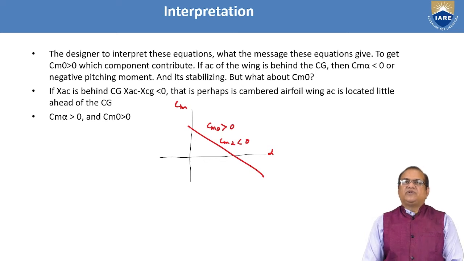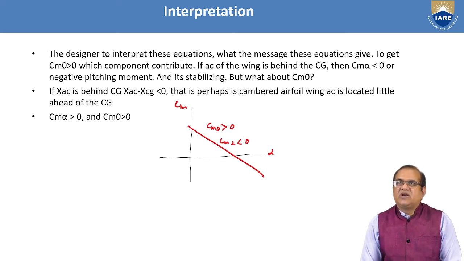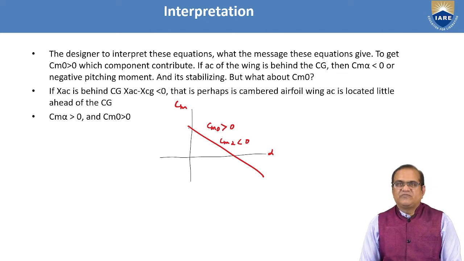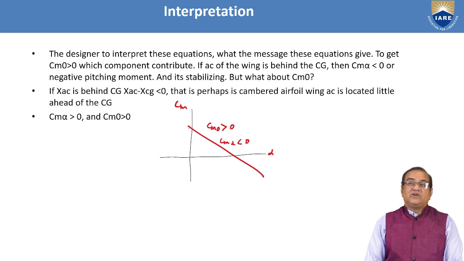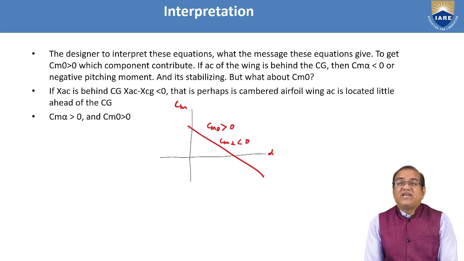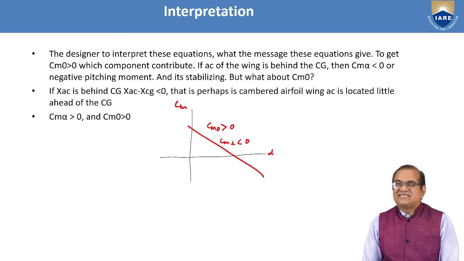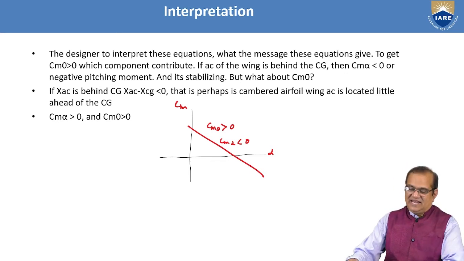The designer, to interpret these equations, what message these equations give: to get that CM naught greater than 0, which component contributes? So CM naught, how can we get this CM naught greater than 0? If the aerodynamic center of the wing is behind the CG, then CM alpha is less than 0.